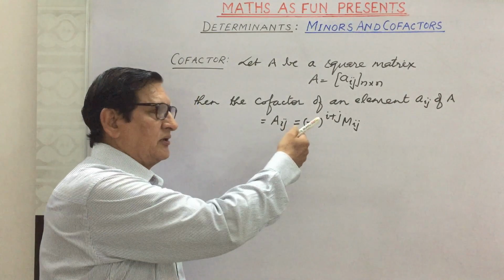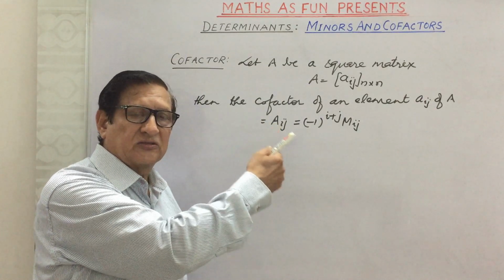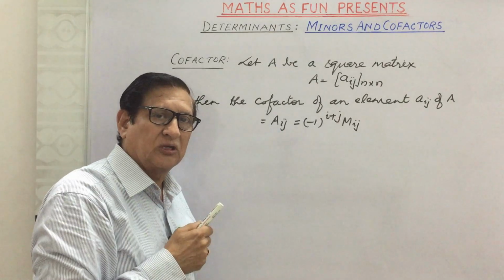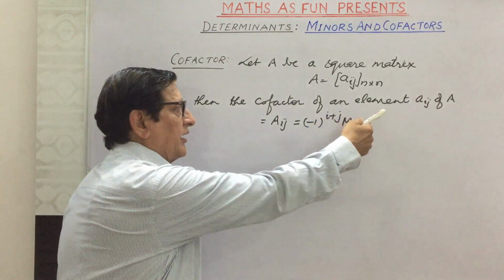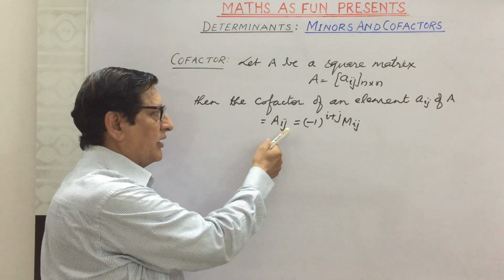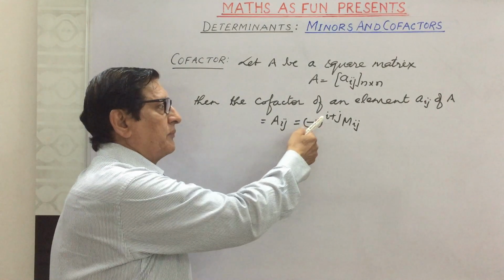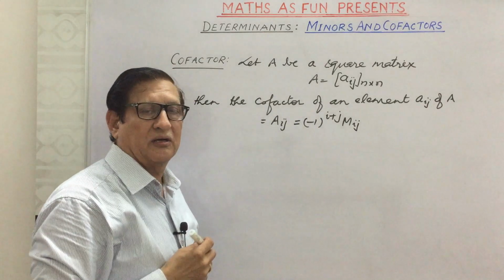We know the minor is the determinant of order n minus 1 into n minus 1, deleting the ith row and jth column. The cofactor of Aij will be represented by capital Aij, and that is minus 1 whole power i plus j into the value of the minor Mij.